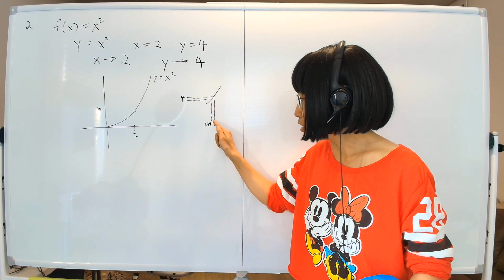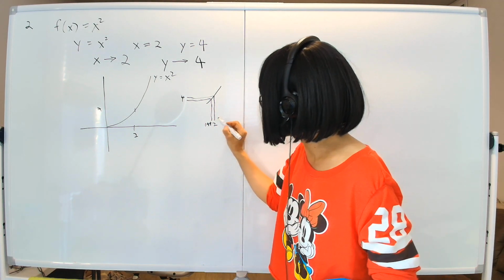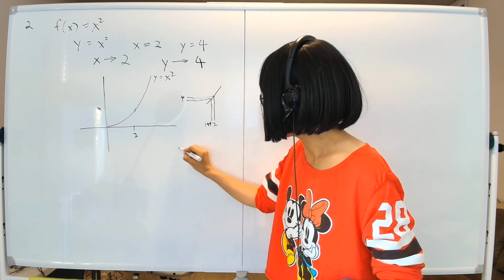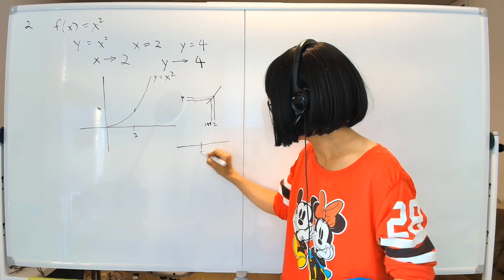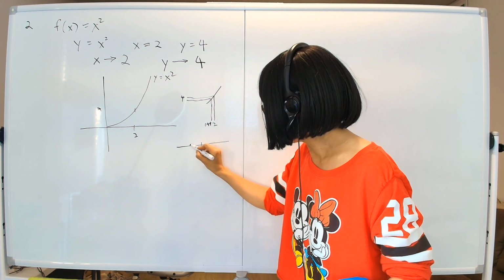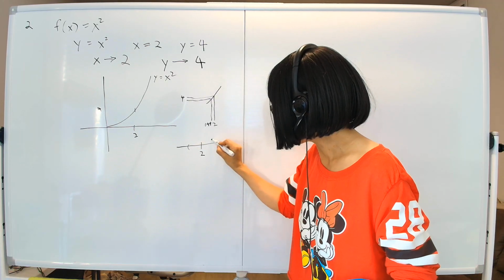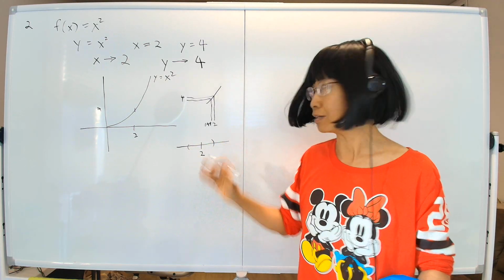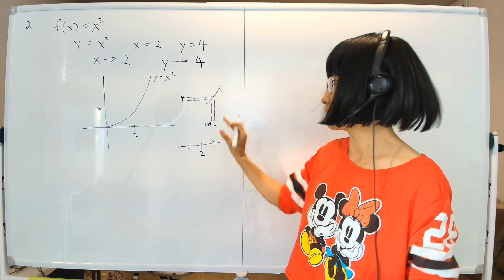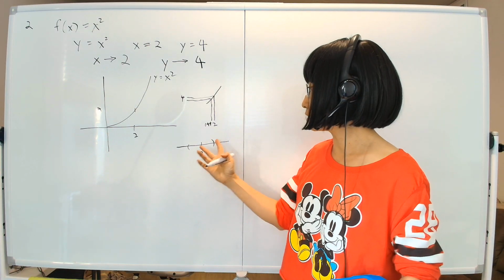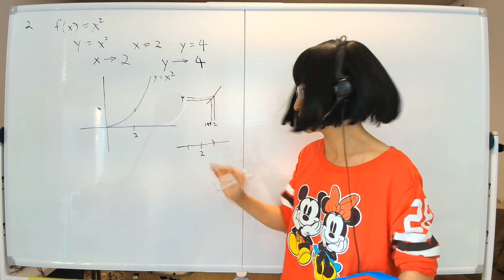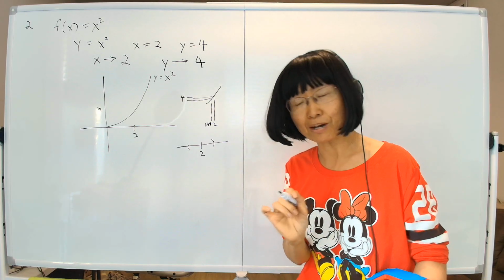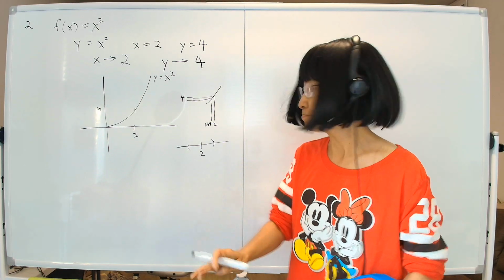And for the whole neighborhood, you imagine a small neighborhood here on the number line. There's 2, and you imagine a small area here, very small. We're magnifying that, so this is maybe a nanometer across, very, very small as you can imagine.